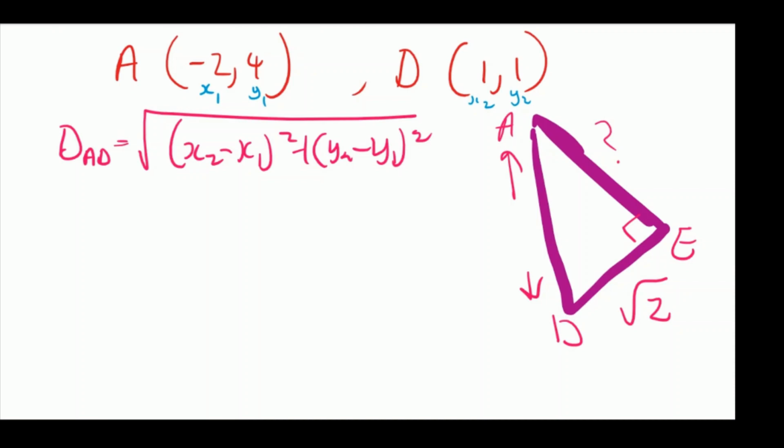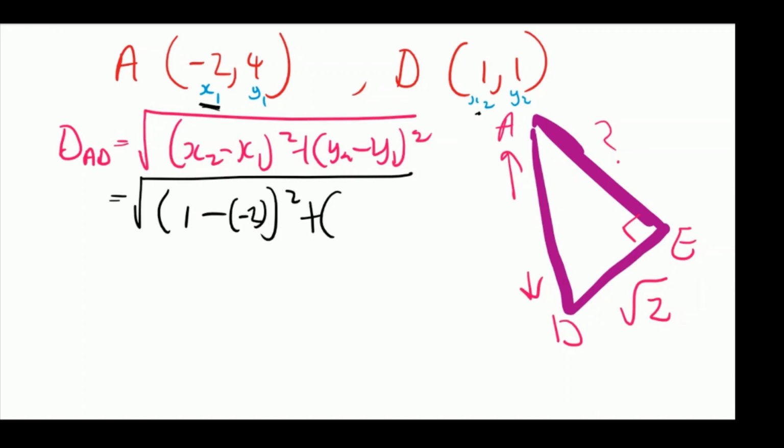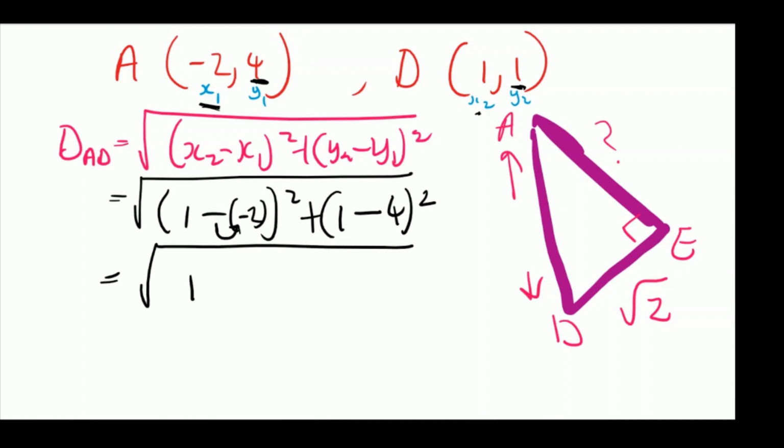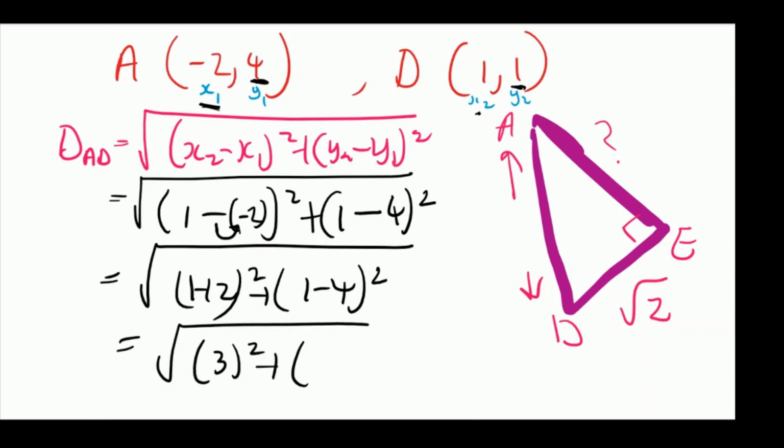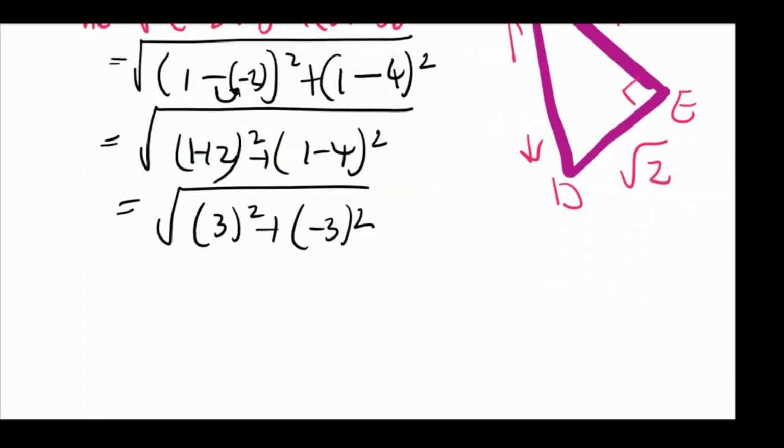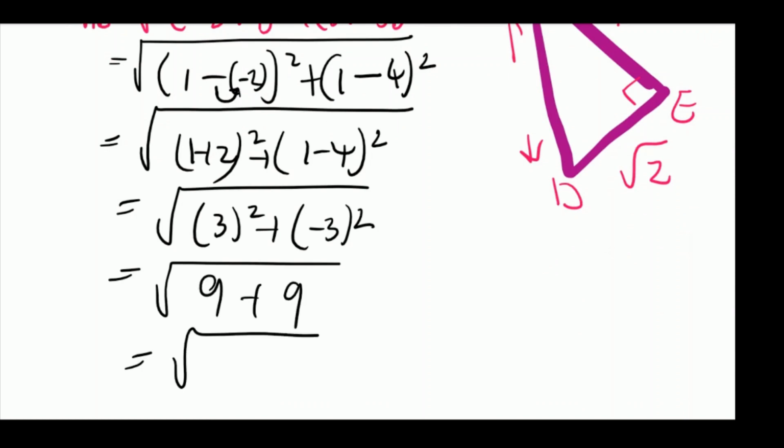So it's the root of 1 minus negative 2, all squared, plus 1 minus 4, all squared. That's the root of 3 squared plus negative 3 squared, which is the root of 9 plus 9, the root of 18. So this is the distance of AD.